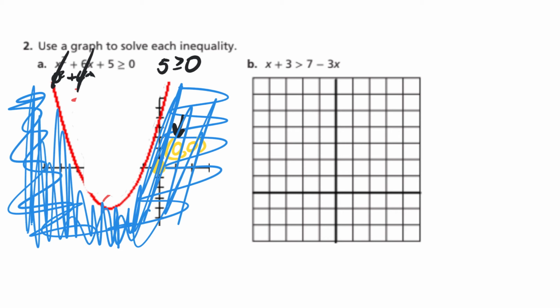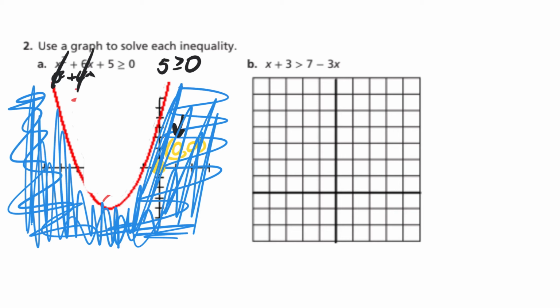So this is how I like to deal with parabolas. I like to test a point. Now, if the parabola does happen to go through the origin, I don't choose the origin. What I'll usually choose is a point like 0.5, 0.1, any of these different things, but we can check and see if our statements are true.